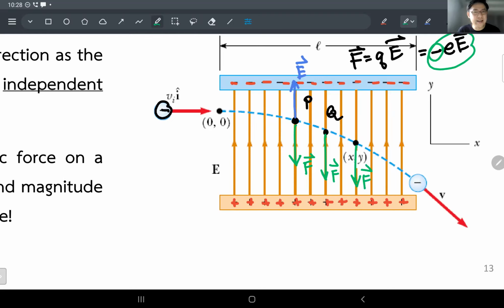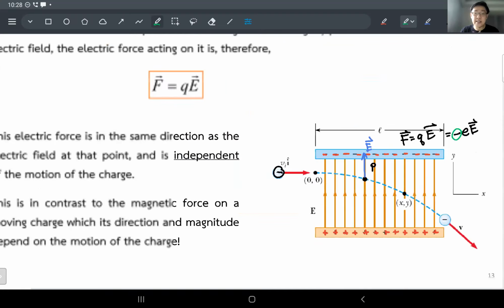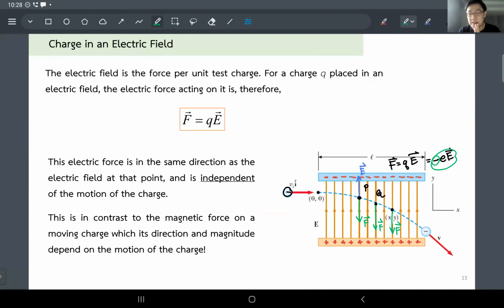So does this scenario look familiar? Yeah, this is exactly what happens in the gravitational field, when you throw a ball horizontally and it projectiles down to the floor. Yeah, that's exactly what this is. Cool. All right, so this just emphasizes how easy it is to calculate the force due to the electric field.